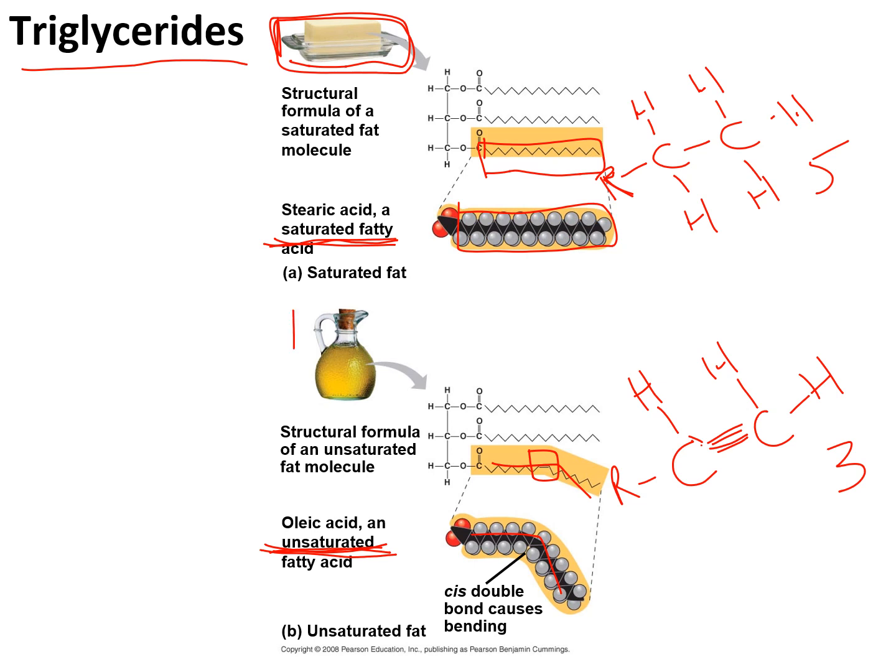So what this means for the lipid is that it tends to be liquid at room temperature, and unsaturated fatty acids are mainly associated with plants. You've probably heard the term polyunsaturated fat. That means there's more than one double bond in the chain. So instead of having just one kink in the chain, you might have another kink if you have 2 or more double bonds in the fatty acid.